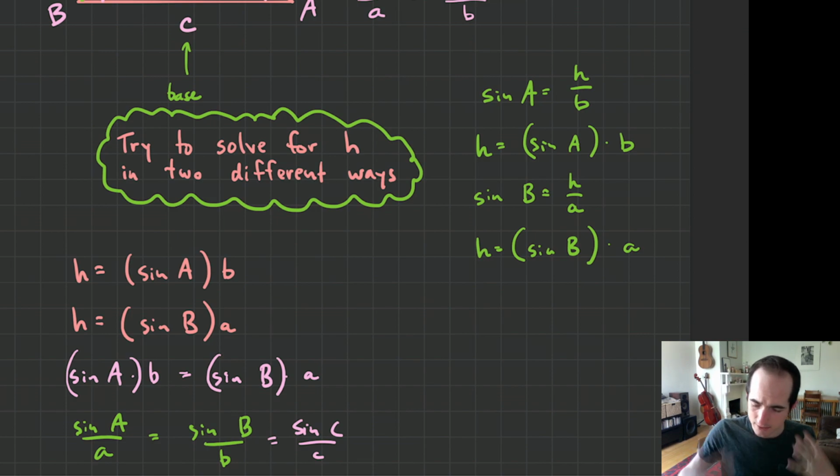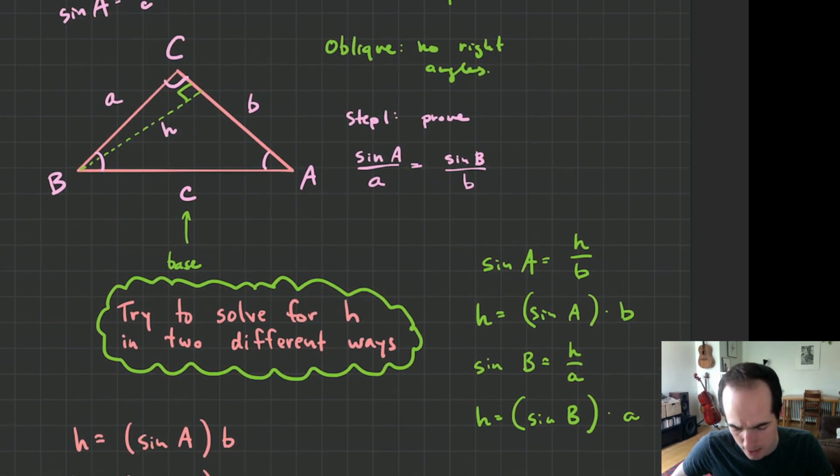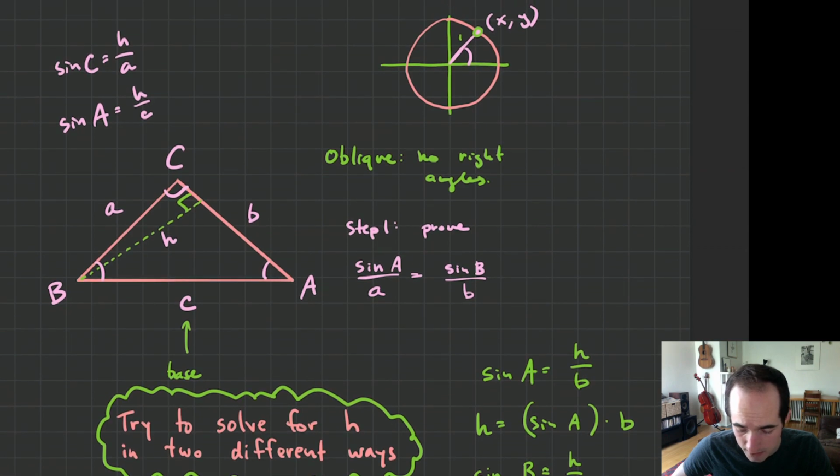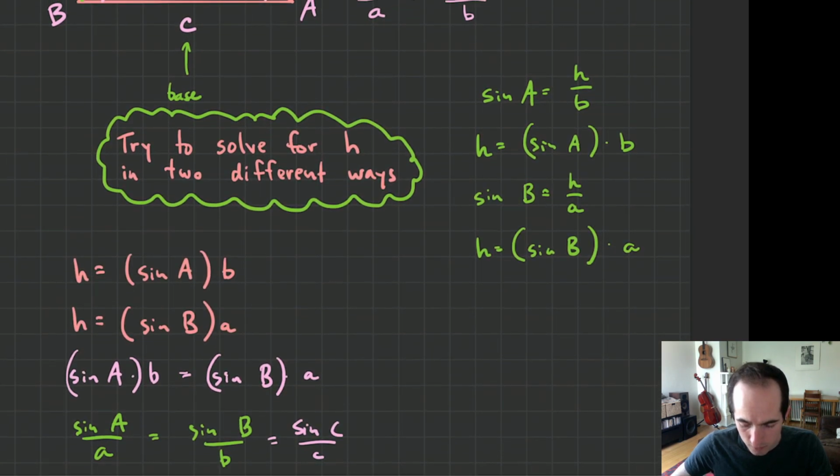So I think that having some things memorized is really important. And I think that memorizing proofs is one of the most important things a young mathematician can start doing, because the proof for this is going to be very similar to proofs that you will see later on in your life.